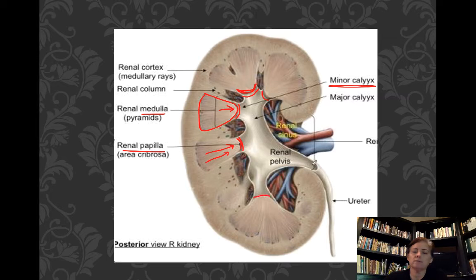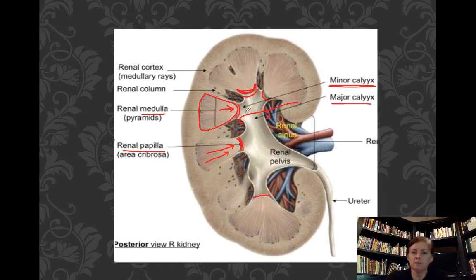Okay? So now what happens is that each minor calyx is going to join together and form a major calyx. So like in this example, this structure right here is going to be the major calyx. Okay, so that's the structure here.